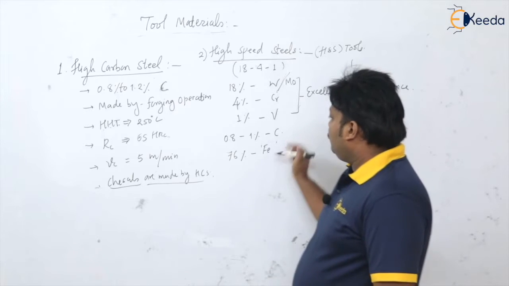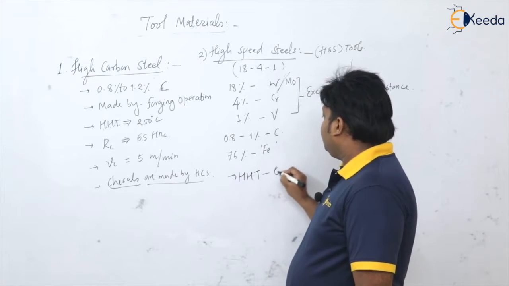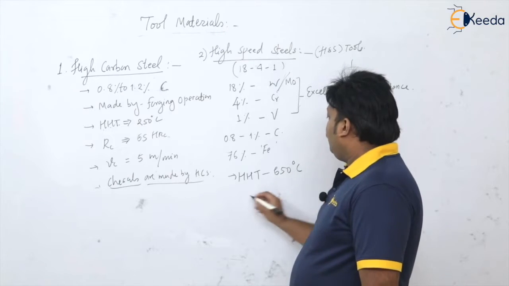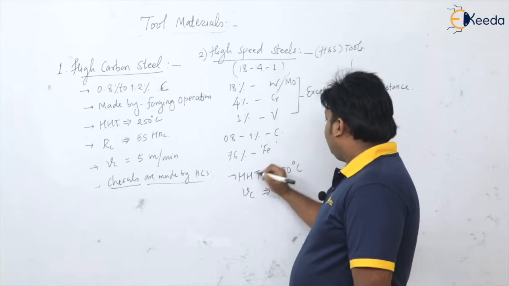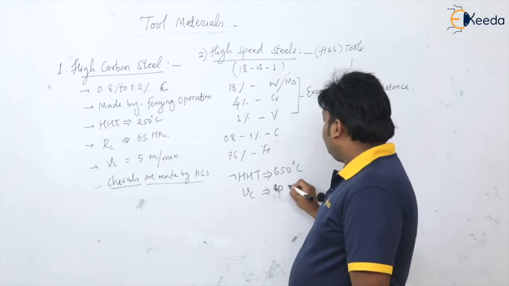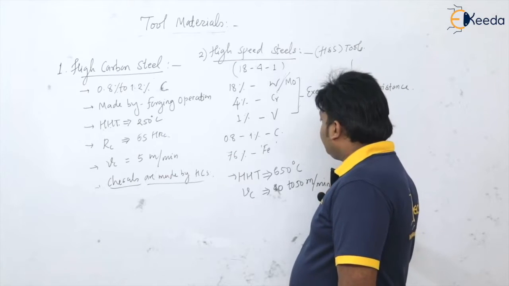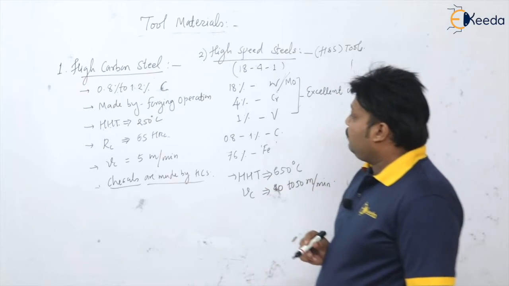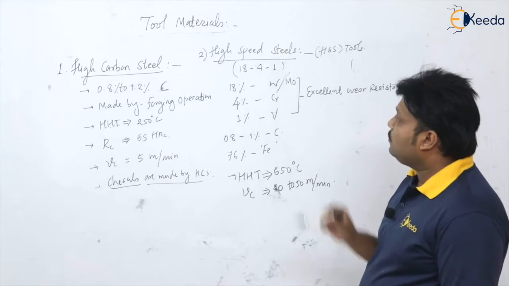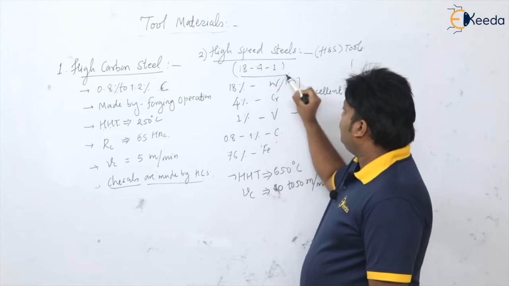The hot hardness temperature of this tool is 650 degrees centigrade, and you can use a cutting speed of up to 40 to 50 meter per minute. And yes, this is also made by the forging operation. So this is the high speed steel, and please remember this very important composition.